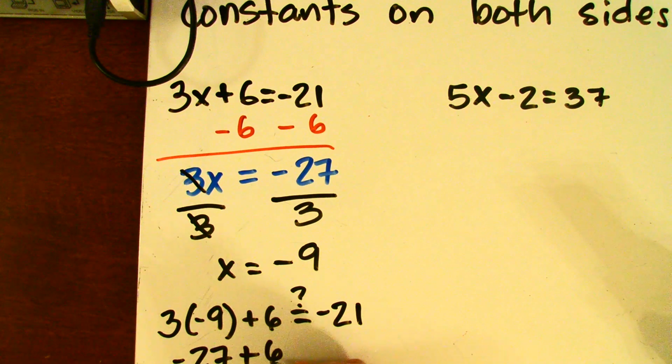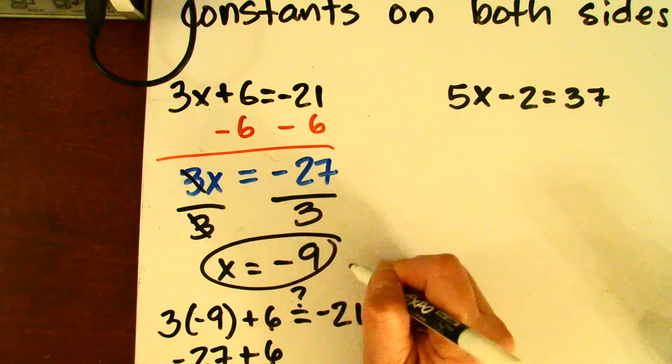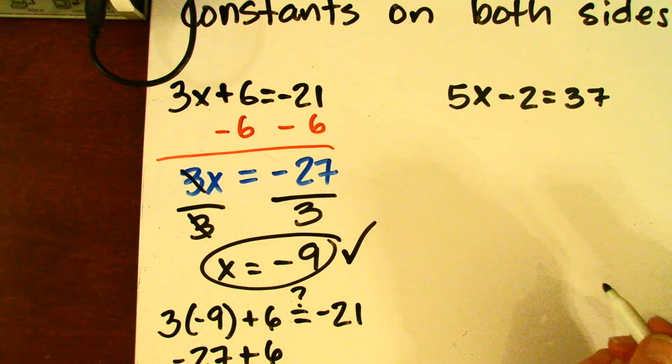If I add 6, I'm really subtracting, and since 27 is the higher number, it's going to be a negative 21. Negative 21 is equal to negative 21. Therefore, this is the solution.